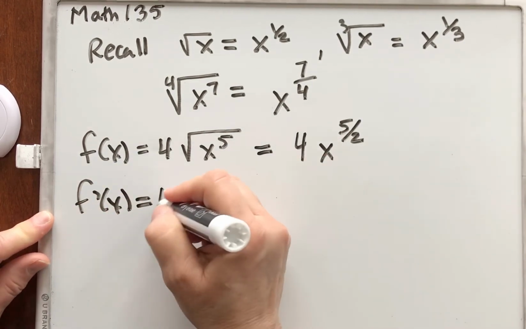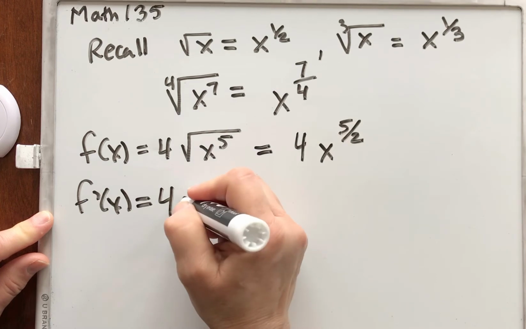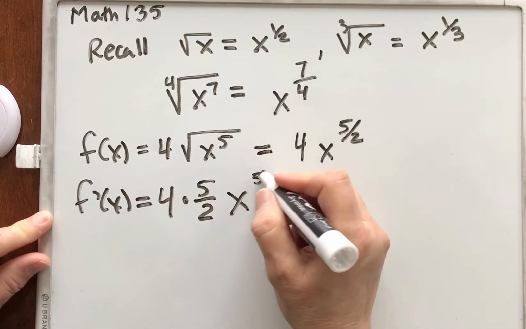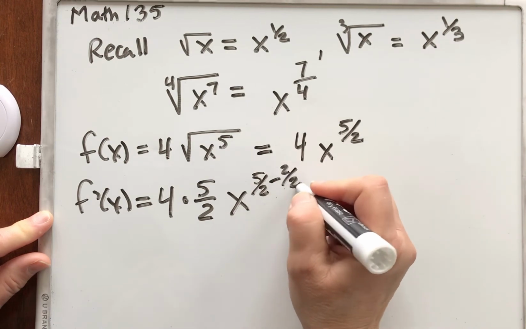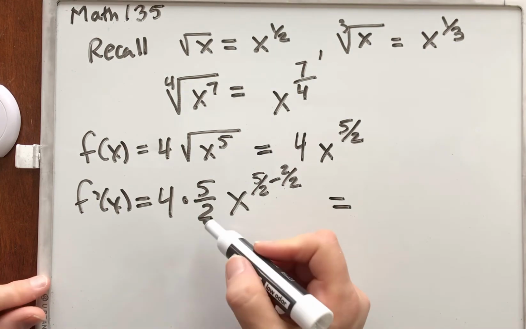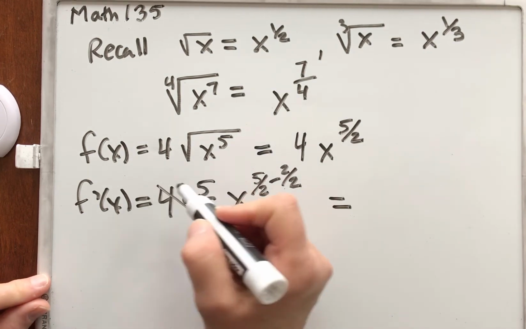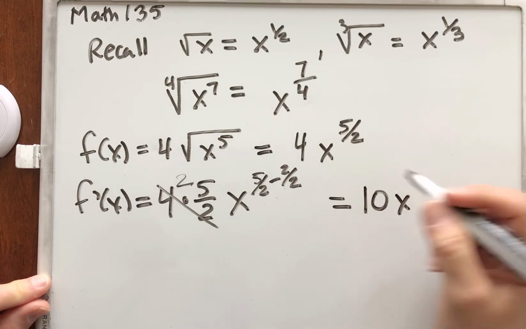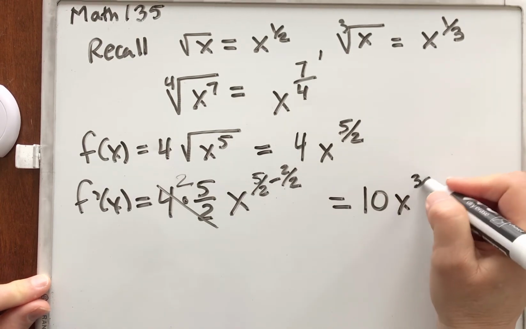We're going to keep our 4, bring down our 5/2, so times 5/2, and then we're going to minus 1. 5/2 minus 2/2. Now this 2 goes into 4 2 times. 2 times 5 is 10. And we have 5 minus 2, 3/2.